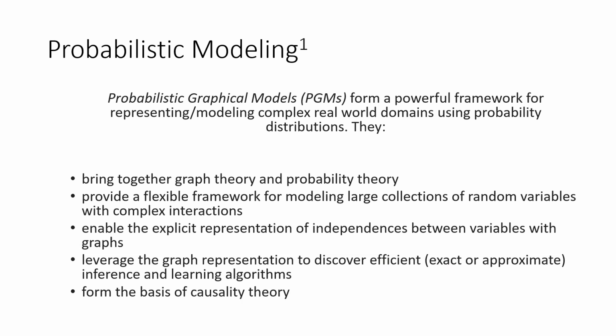Probability theory, because this graph, along with some formulas, represents the probability distribution, since the graph alone is not enough to represent the whole distribution. Probability distributions come from probability theory. So they bring together graph theory and probability theory.